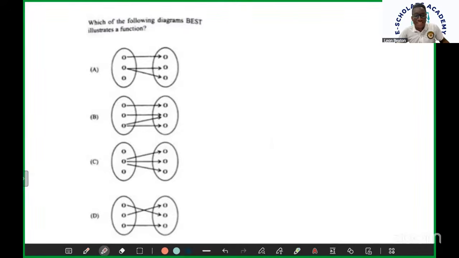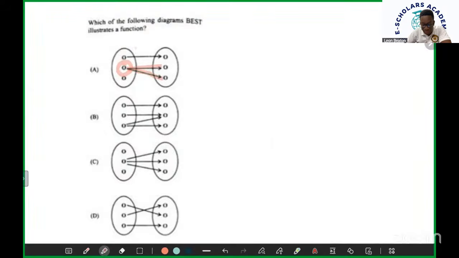Or whatever Alkaline said. So which of the following diagrams best illustrates a function? For a function, first of all, one arrow should come from each element here. One arrow and one arrow alone. For example, we got one arrow coming from here, but in this one, we got two arrows.